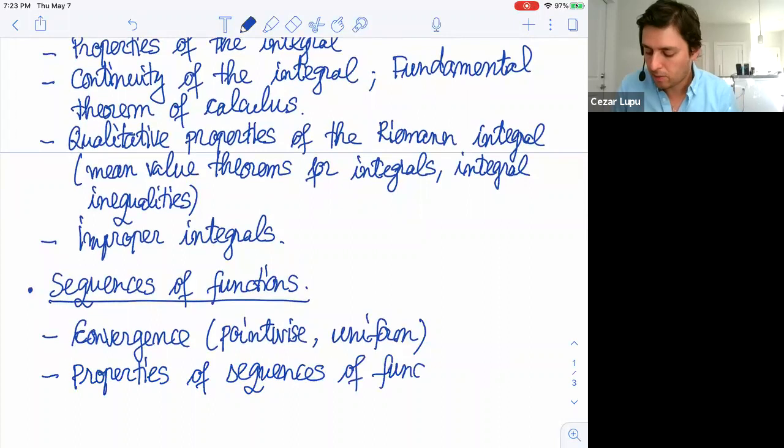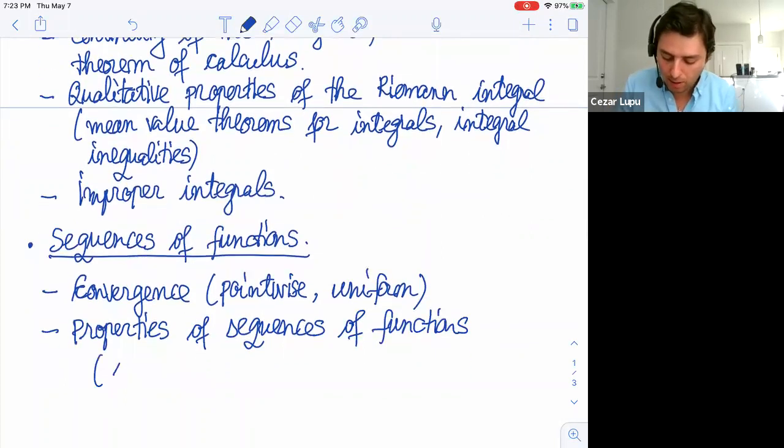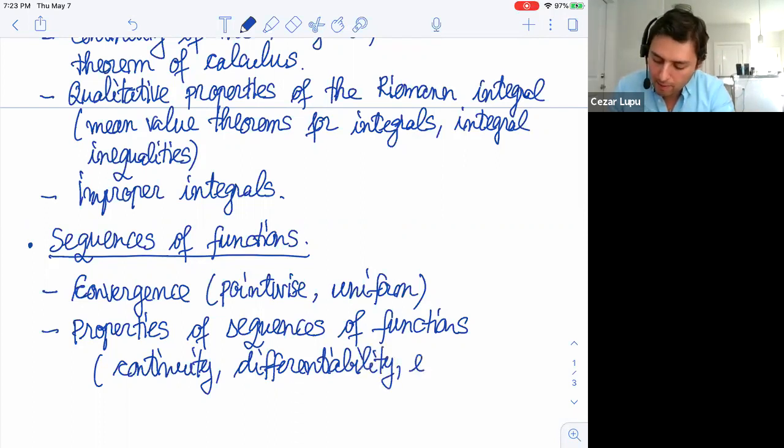When we talked about properties, we talked about continuity, differentiability, and so on. We talked about boundedness, and when we can pass to the limit inside the integral, etc. We gave some criteria for uniform convergence and so on.